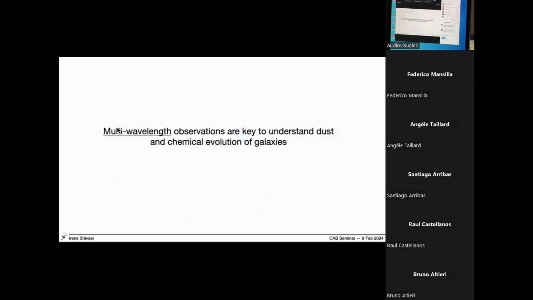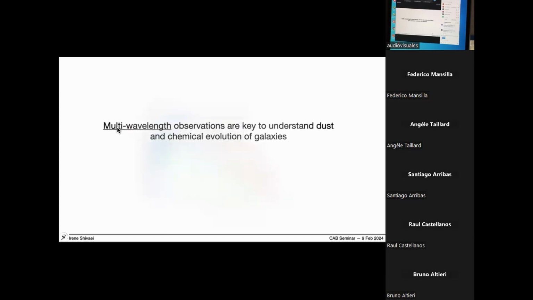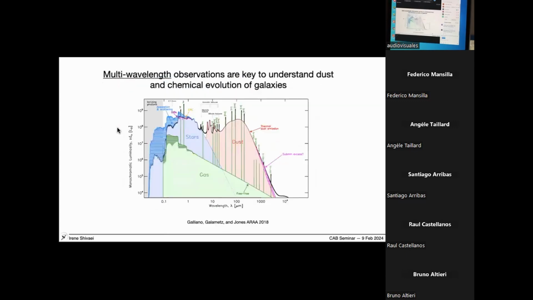But the challenge is that we need multi-wavelength observations to connect the dust component of galaxies to the ISM, to the gas, and the stellar activity in the universe. As I showed you in the SED of galaxies, this is a multi-component problem, and we need multi-wavelength observations, and that can be expensive.